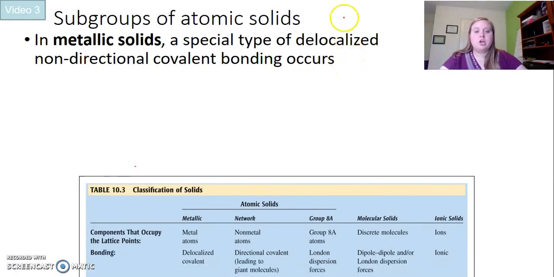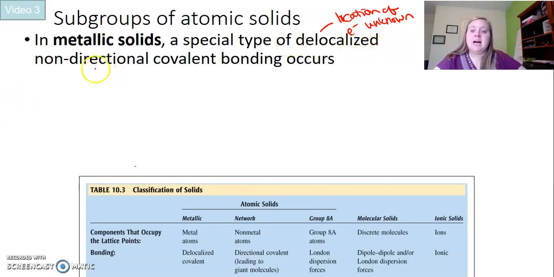What does that mean? Delocalized means that you don't exactly know where the electrons are. You can't pinpoint exactly where the electrons are. They're delocalized. They don't have a specific location.